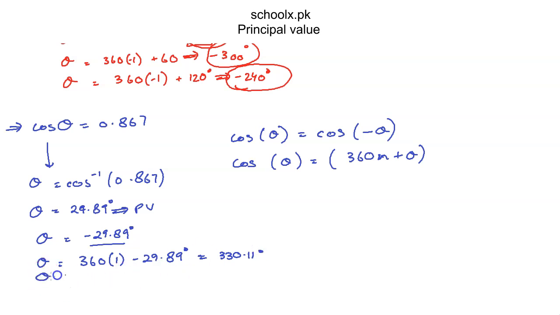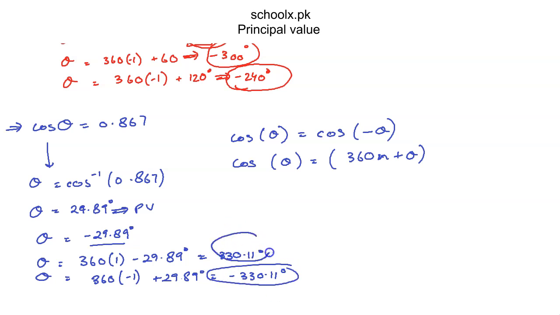And if I do theta equals 360 times negative 1 plus 29.89, I'll get minus 330.11 degrees. If I take cos of all of these, they'll all give me the same answer, and they all lie in the range from minus 360 to 360 degrees.